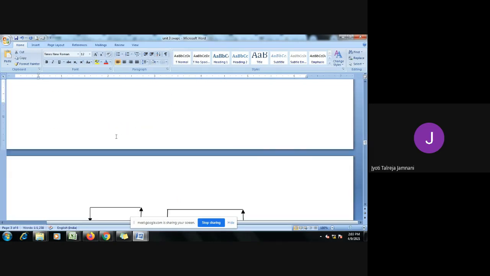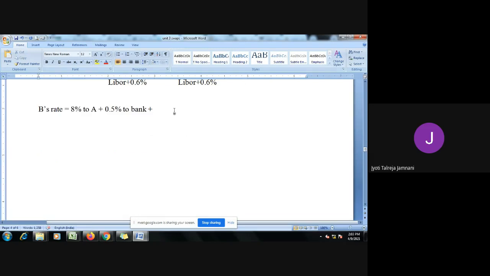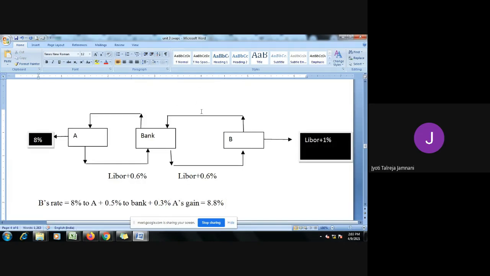So it will give this also to A, plus 0.3%, A's gain. All this together, B will transfer to A. So 8% plus 0.5 plus 0.3, it will be 8.8. So B will transfer 8.8%.